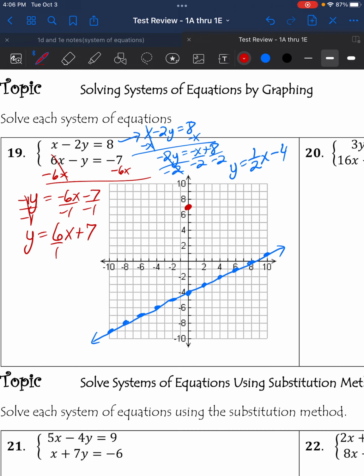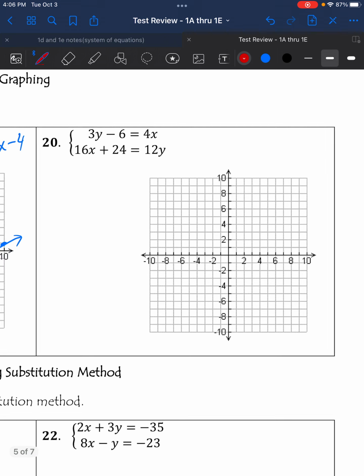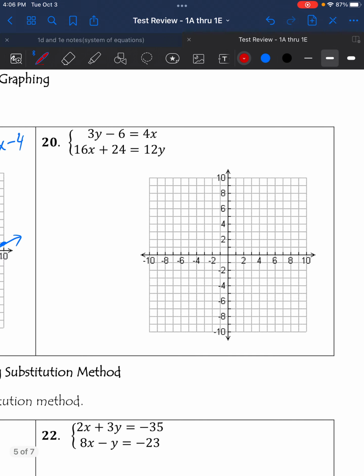I go up 6, but I'm off the graph, so I have to go down 6. And instead of right 1, I'm going to go left 1. Go down 6 and left 1, and there we go. That's the intersection point, so that point is -2, -5. That is my solution.